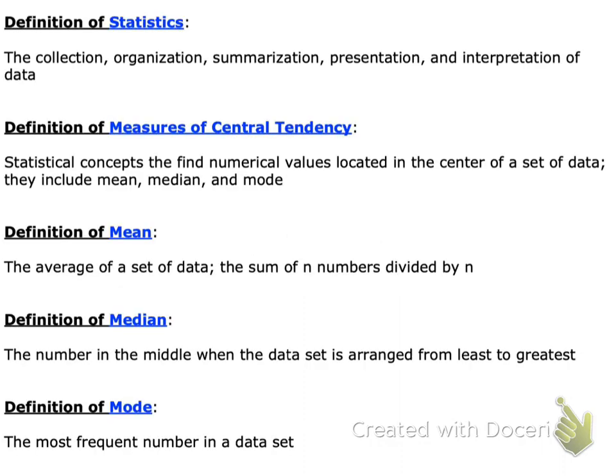So for our definitions, statistics is the collection, organization, summarization, presentation, and interpretation of data. And just so you know, if statistics ends up being something that interests you, there are a lot of jobs out there that involve analysis of data, whether that be a job before teaching or a summer job.